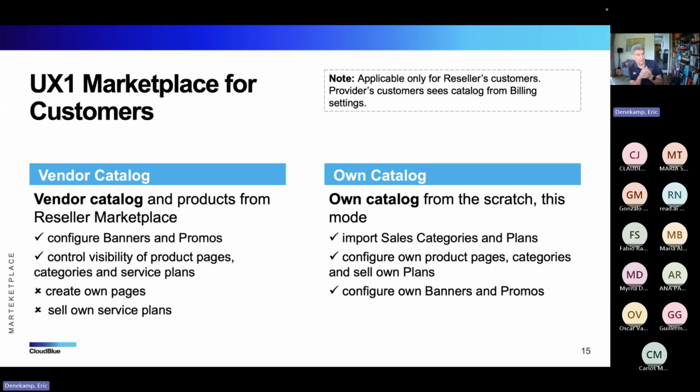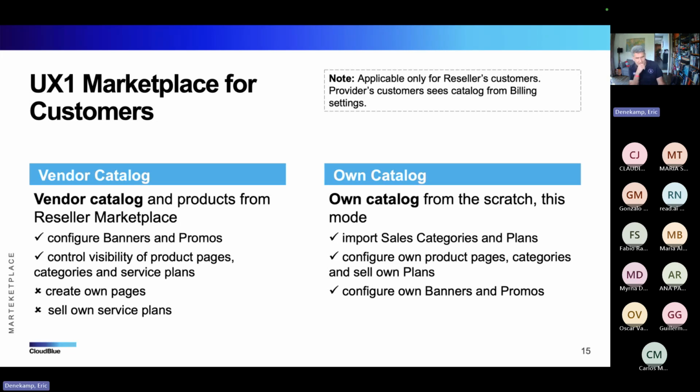You could also configure that marketplace so that the reseller can set up his own catalog. That means he can import his own sales categories, maybe even set up his own set of plans that he wants to sell, create own product pages, categories, configure own banners and promos, etc. All that information depends on that little setting. Do you want the vendor catalog or the own catalog?